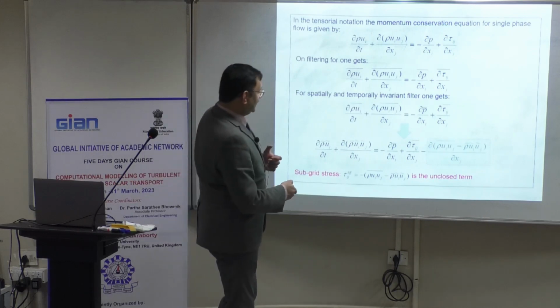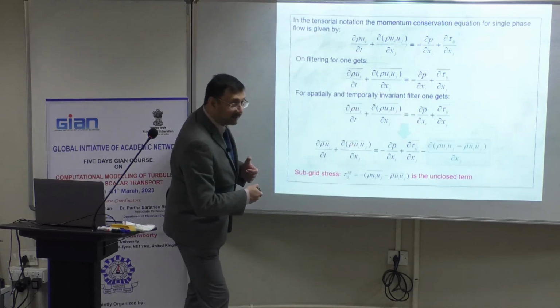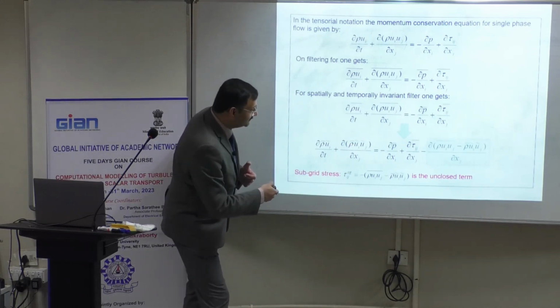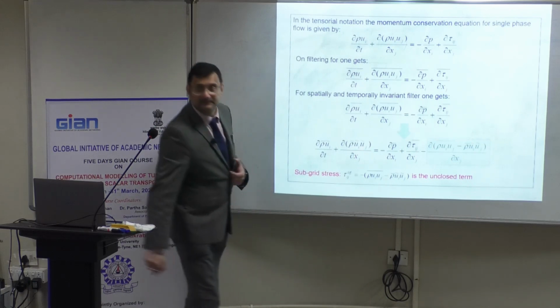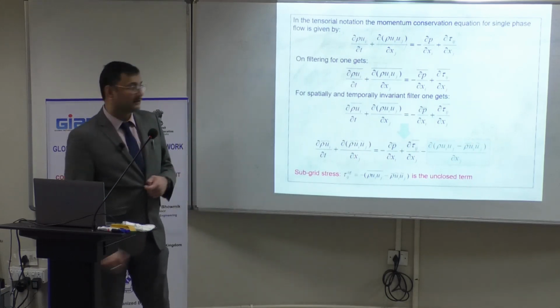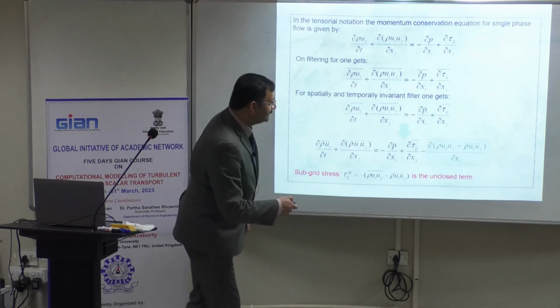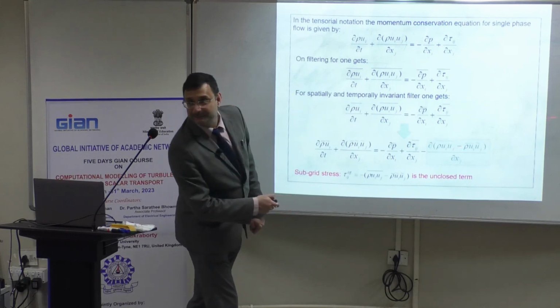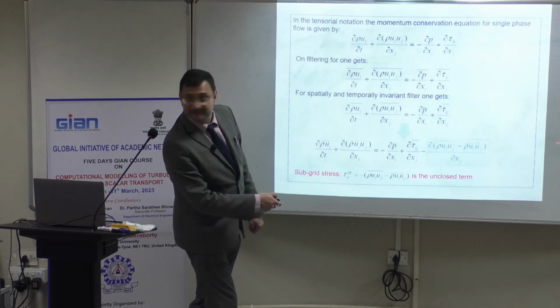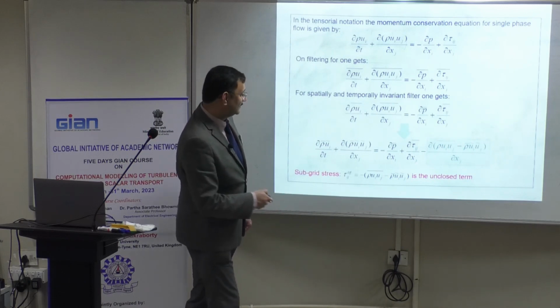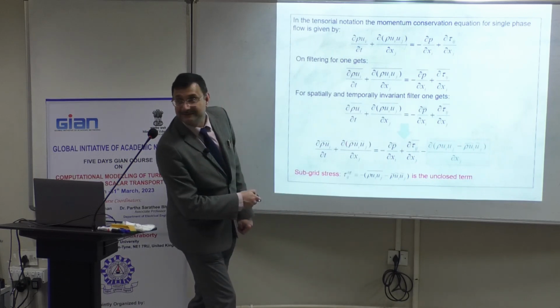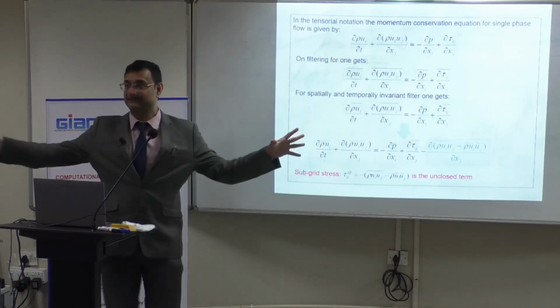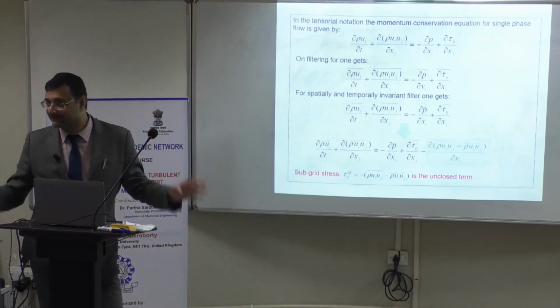So what I have done is added an extra term like this in the equation. And if you look carefully, here I have a negative sign, here I have a negative sign. Two negative signs will make it positive. The second term will be exactly identical to this term. So I have added the same term on the left hand side and right hand side.